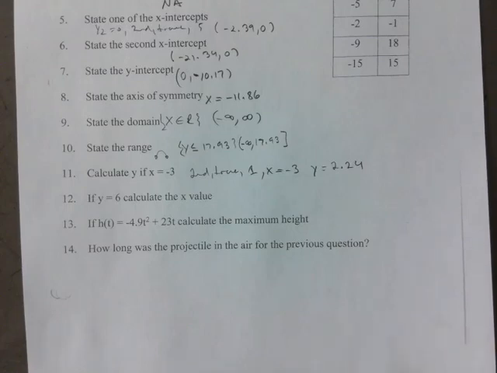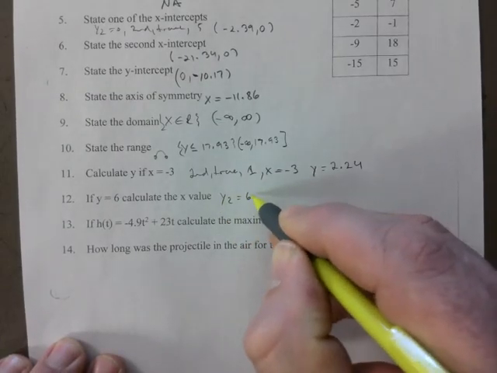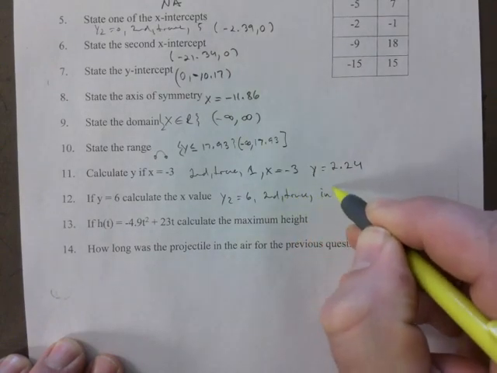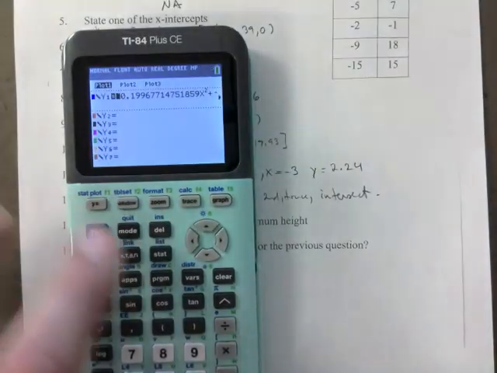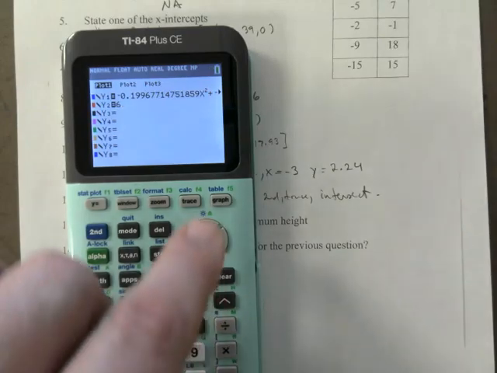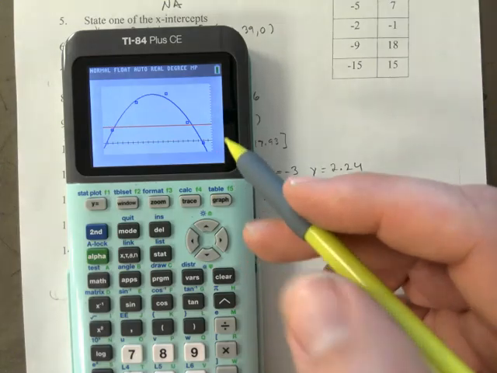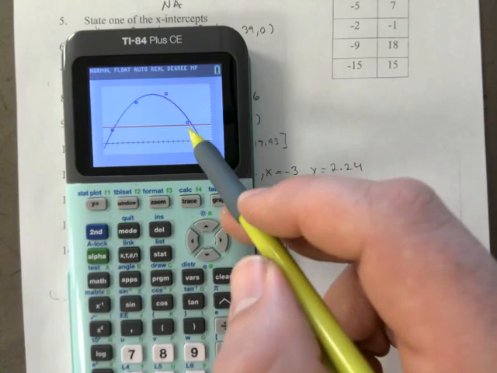If y is equal to 6, calculate the x value. So if you have the y value, put it into y2, second trace, intersection, okay, y2 is equal to 6. Make sure you expand your window. If you can't see both legs, you need to make sure you see both crossings. It happens twice.